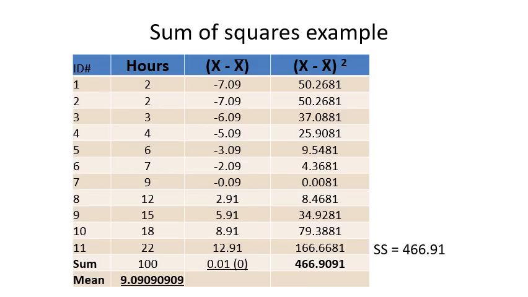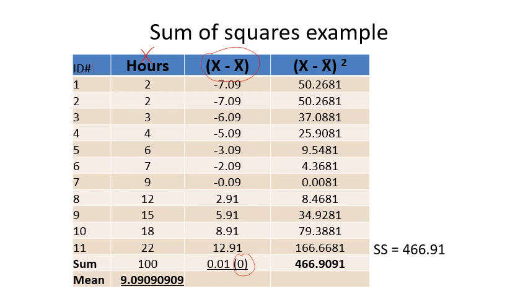Here's an example of sum of squares with some pretty big numbers. We've got this mean of 9.09090909. These are our ID variables over here, and these are our x variables. Each one of these is the x minus the mean. If you sum those up, you essentially get 0. There's a little bit of a rounding error, but you essentially get 0.